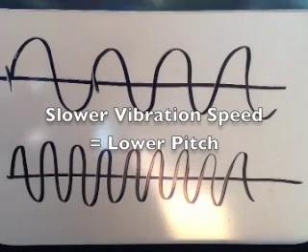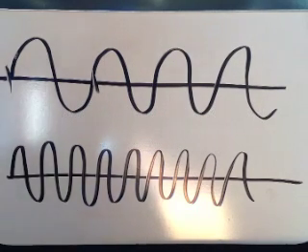Now, if something vibrates relatively slowly, in other words, a slower number of times per second, it's considered a lower pitch. So that would be sounds like. The lower the sound, the slower it's vibrating.